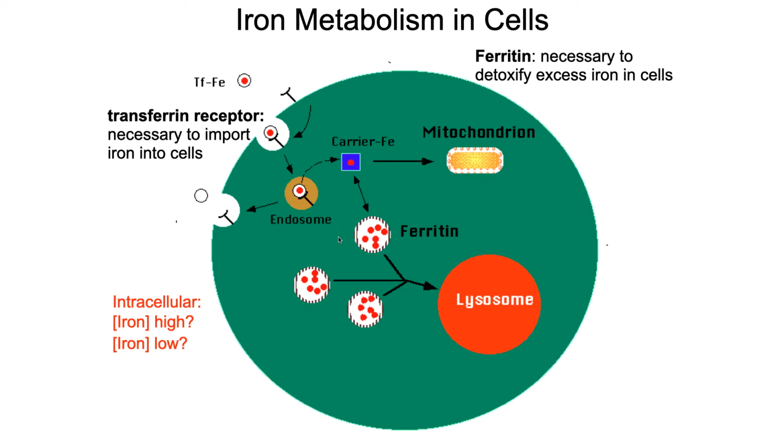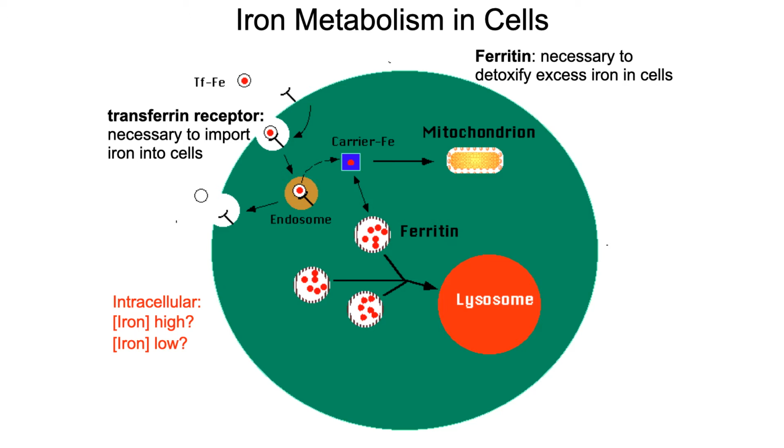However, if the iron levels within the cell become too high, then we increase the production of a protein called ferritin, which binds up the excess iron and brings it to the lysosome, and then that excess iron is properly disposed of.